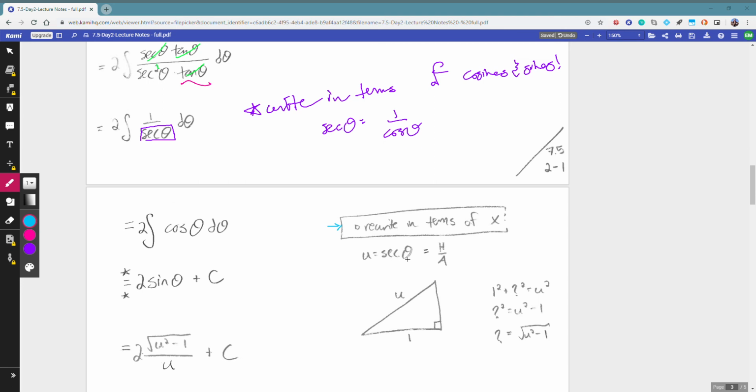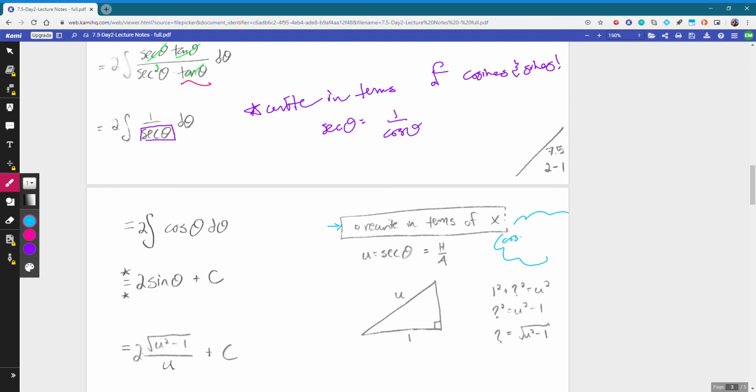And this is what we can use to get our picture of the triangle. Secant theta is 1 over cosine. And cosine, little thought bubble, cosine of theta is the adjacent over hypotenuse. And so since secant is 1 over that, it's going to flip them. Secant is hypotenuse over adjacent, and here we can think of this u as a u over 1.